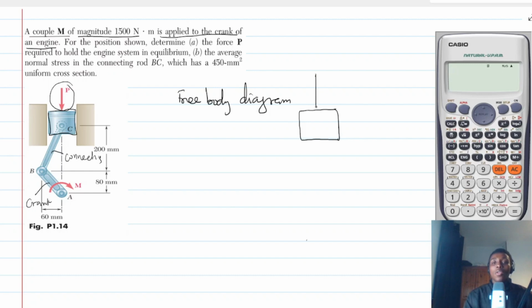Okay. And the load is coming like this. Then there is this connecting rod which connects it this way. And then we have the crank which is connected to the connecting rod this way.